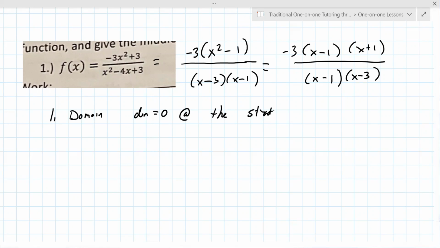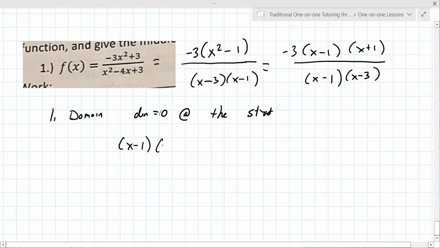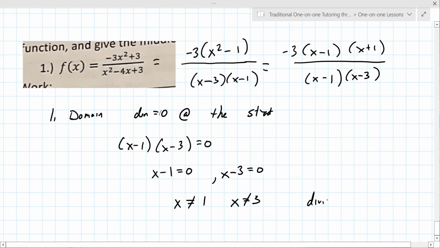Okay, so the denominator equals 0. You could set the original denominator, but we factored because it's a lot easier to do that. So that's X minus 1, X minus 3 equals 0, and you set each of those equal to 0. So X cannot be 1 and X cannot be 3 because you're never allowed to divide by 0.